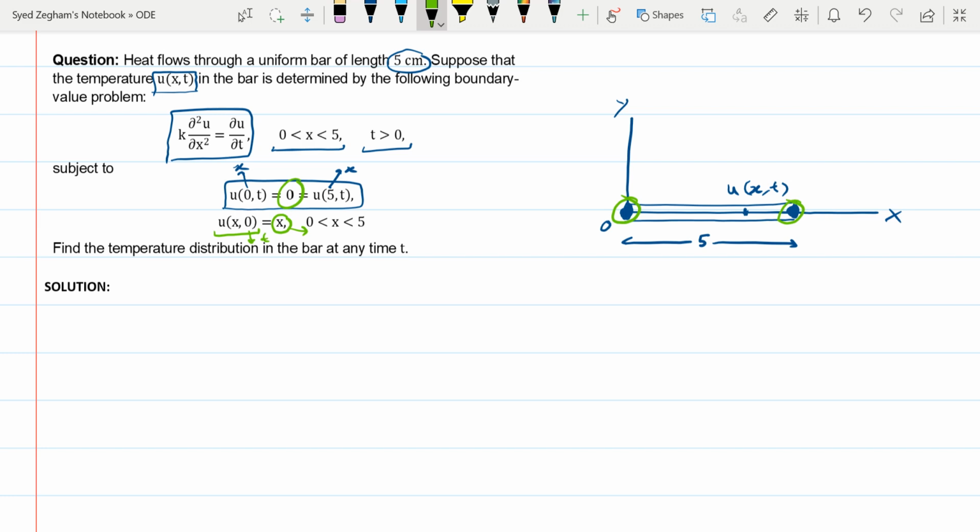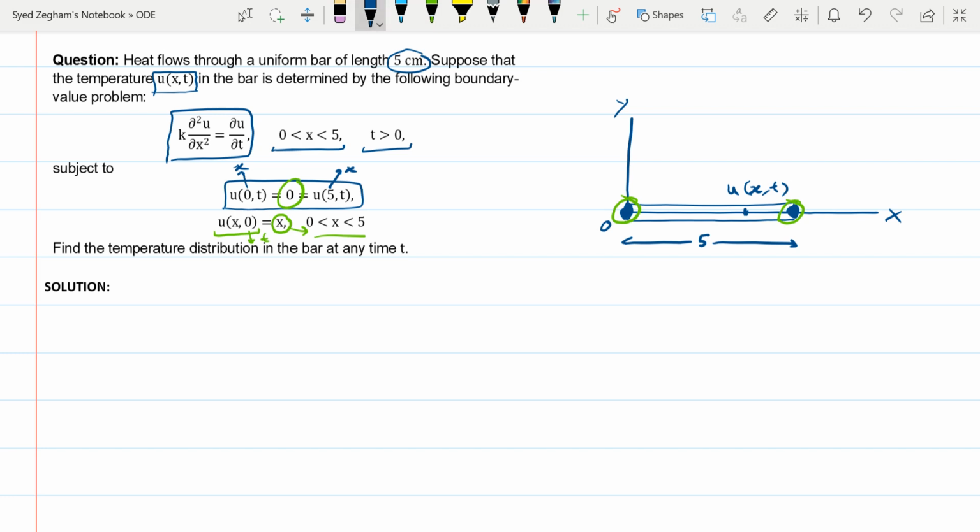Here they have given x. In some other question, this may be some other function, x square, x times 5 minus x, or whatever. So here we have taken the function as x. So u(x,0) is equal to x. This is the initial condition which they have given. Of course, x lies between 0 and 5. That's fine. Find the temperature distribution in the bar at any time t.